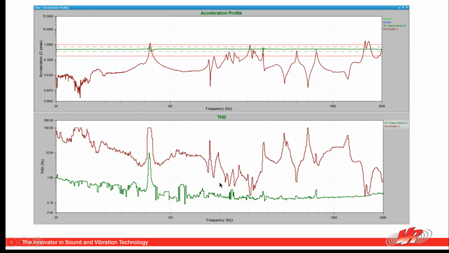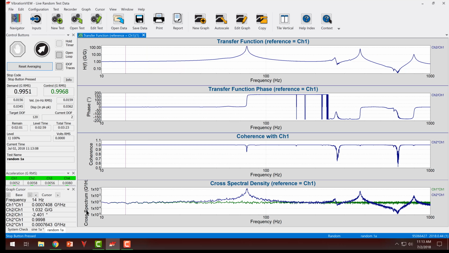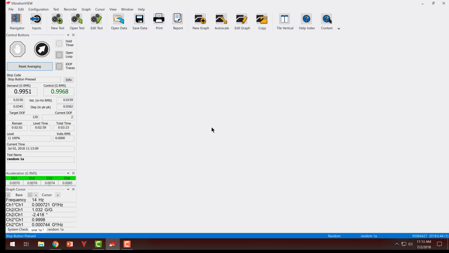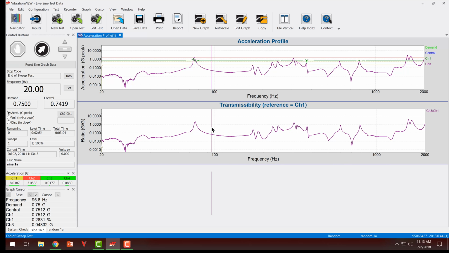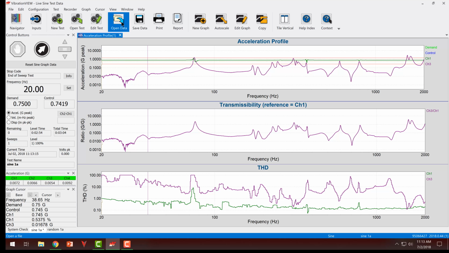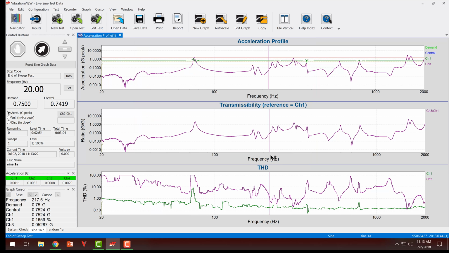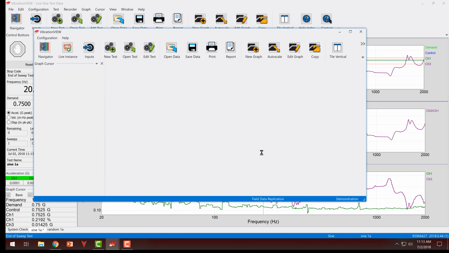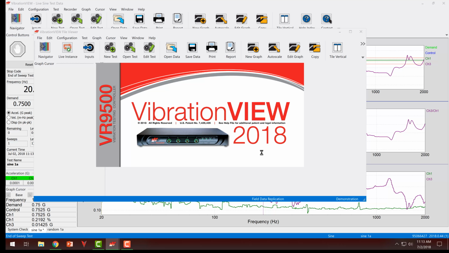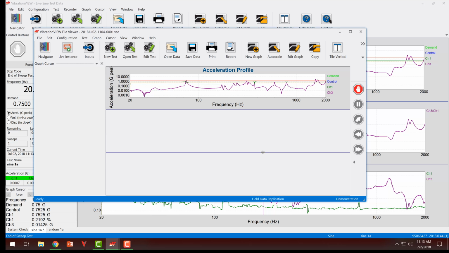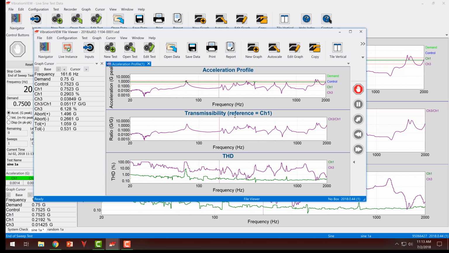I ran the tests, and you just saw me running those tests. In fact, if we go back to the software, if I go back to the sine test, and if we open the data for that last test, I want to show you that when you access that data afterwards, you can still see all that data.